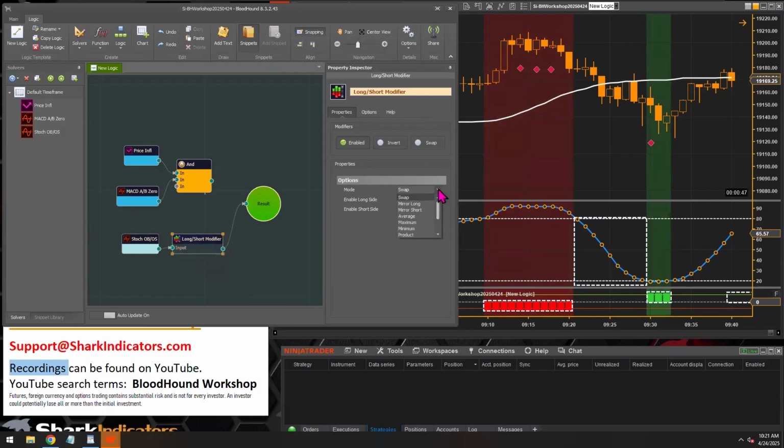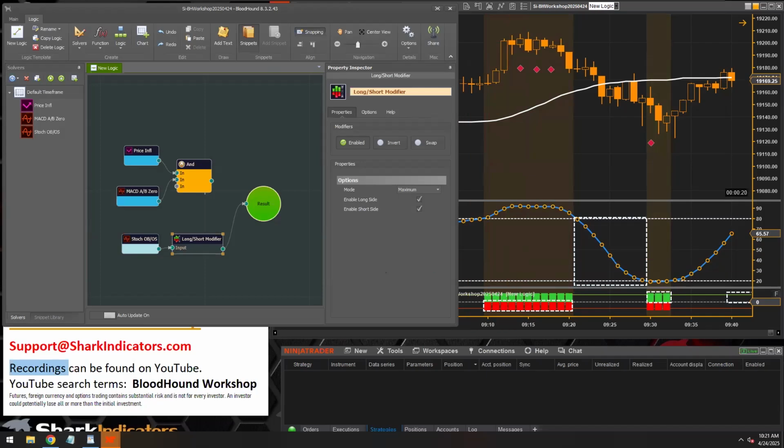There are actually a couple of modes we can use here. We can use maximum, we can use addition as well. These are all just mathematical formulas, but I think the easiest ones to remember are probably maximum or minimum, and in this case we want maximum.